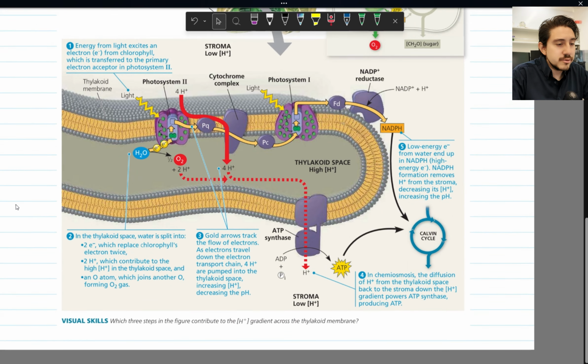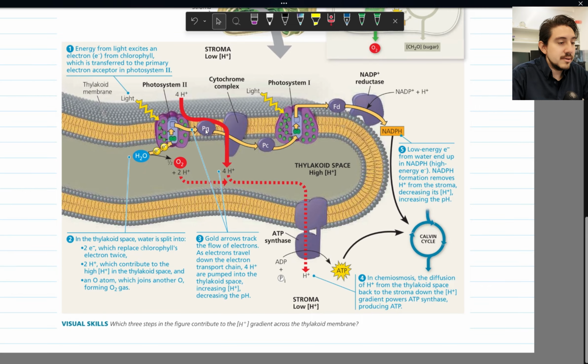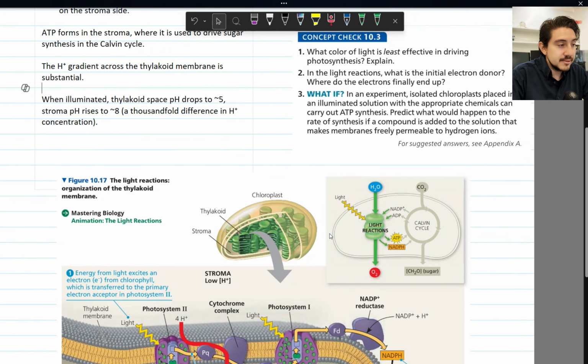I'm just going to show this over here for you to have the diagram. This is an overall representation of photosystem 2 and 1 as they go along to produce ATP and NADPH, ultimately going to the Calvin cycle.